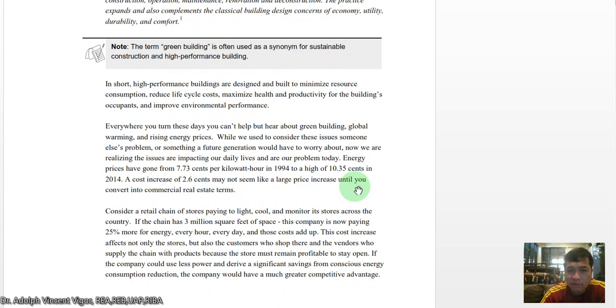Everywhere you turn these days, you can't help but hear about green building, global warming, and rising energy prices. If you think about our city right now, it's quite hot. 10-20 years ago, temperature is around 27 degrees. But right now, due to the scorching heat, it even reaches up to 40.